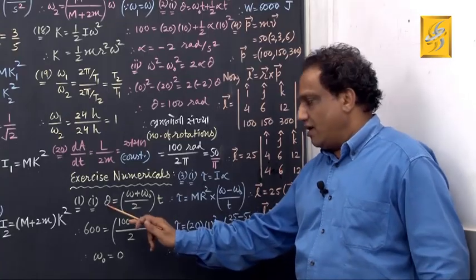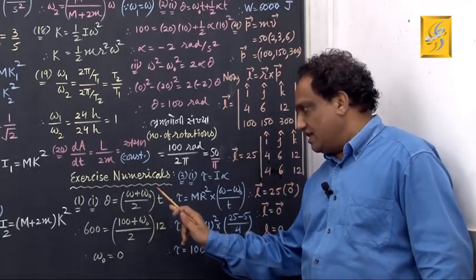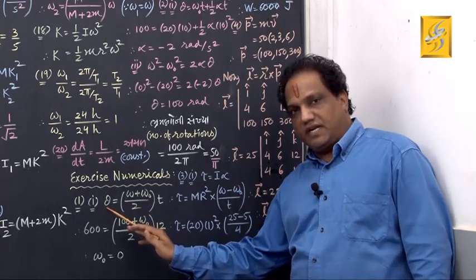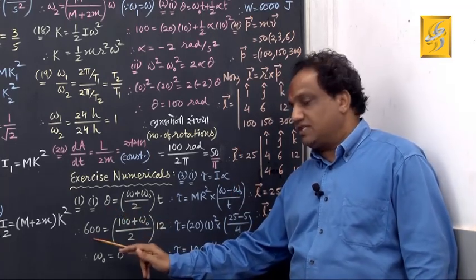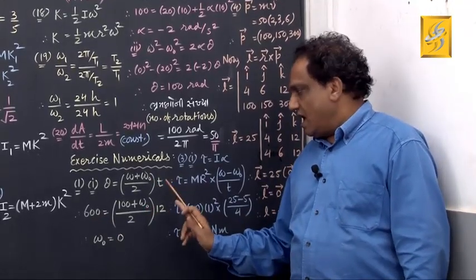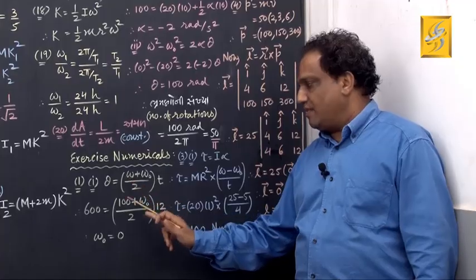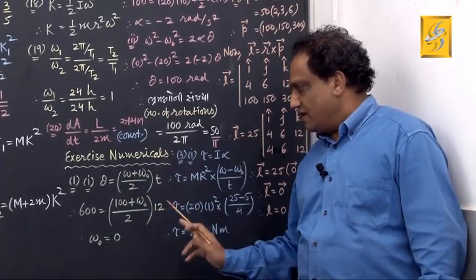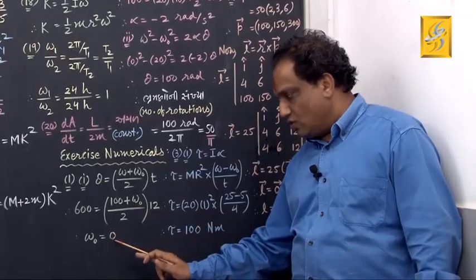Similarly here, angular displacement is equal to average angular speed multiplied by time. At the end of a certain time, they have given this angular displacement, 600 radian. What about omega 0? We want to find out. After 12 seconds, the angular speed becomes 100 radian per second, divided by 2 as it is. Simplify, you will get the value of omega 0 as 0.